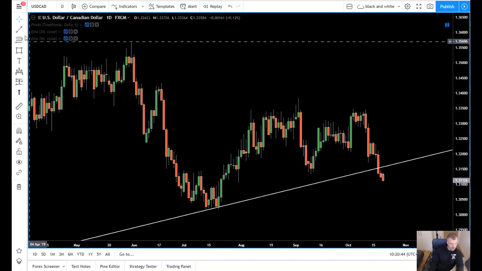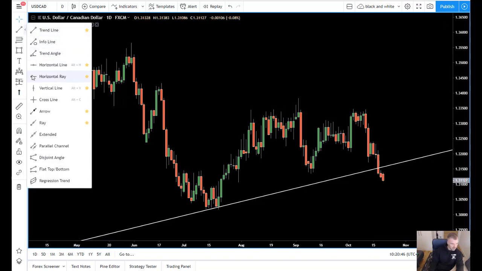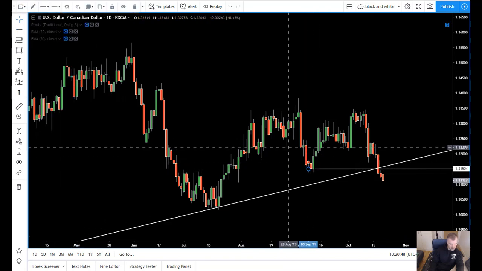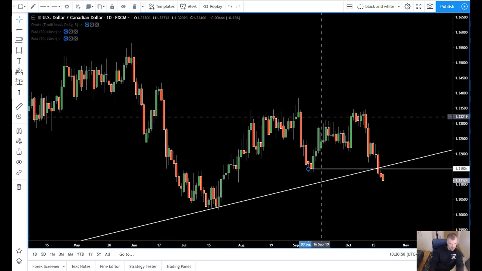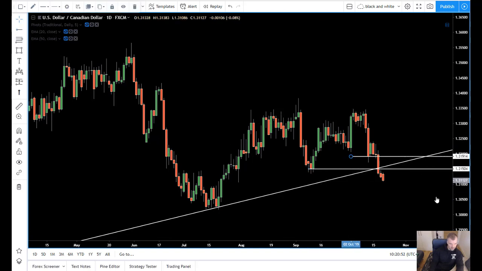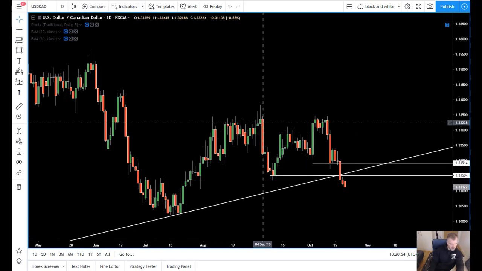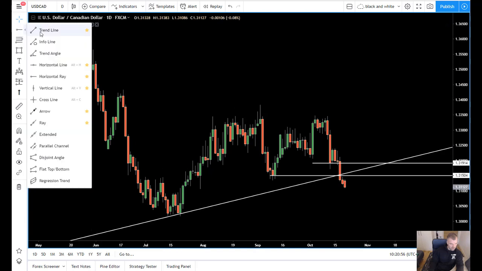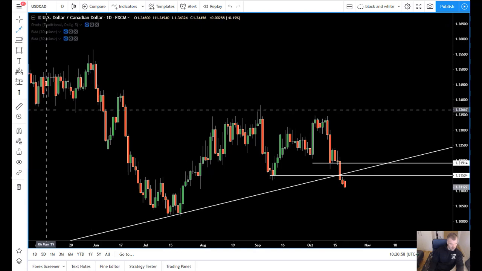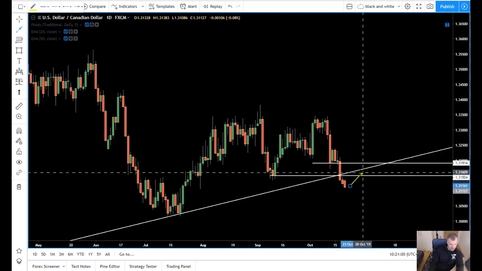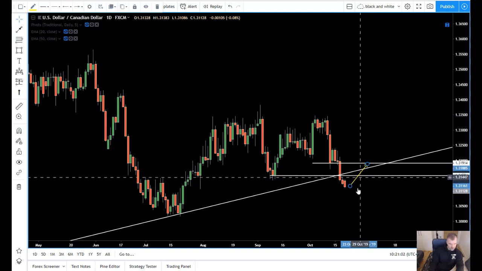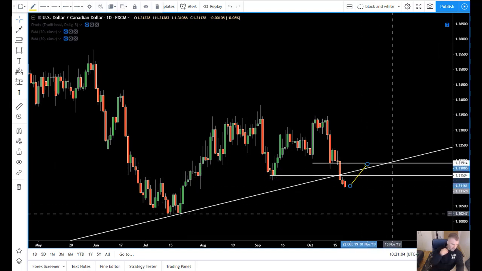So I'm looking for the market to pop back into either here or here. We'll be looking to see the market push back up, and at that point we'll look to take advantage of any sort of potential selling opportunity in this market back down towards 130.25.